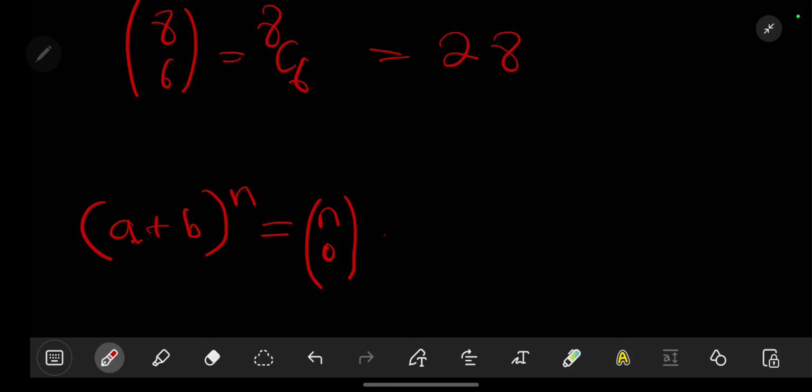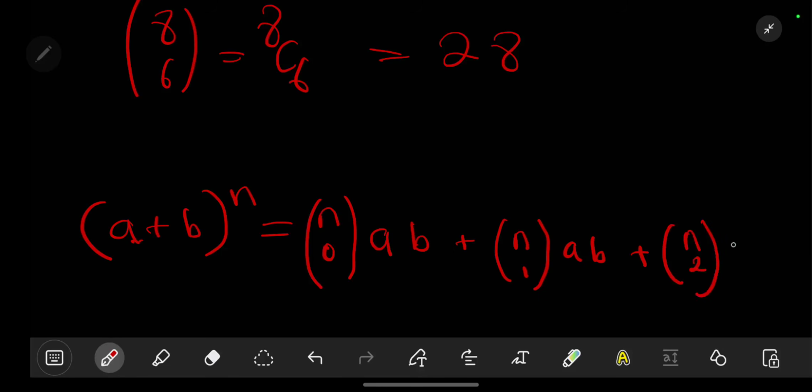So you're going to write your a b like that, then you have plus your n combination 1, then you have plus your a b again, then you have plus your n combination 2, then you're going to have your a and b like that.